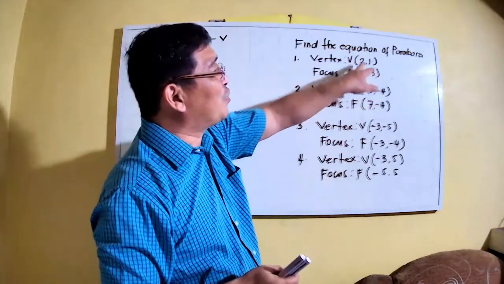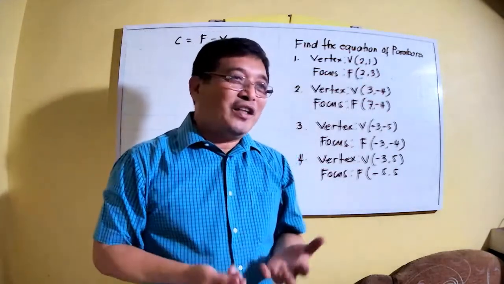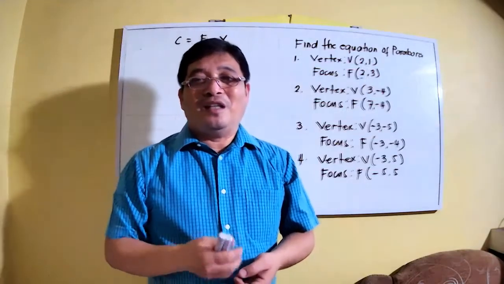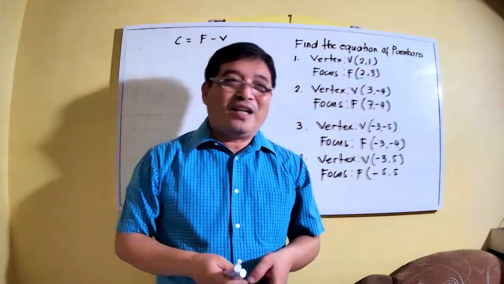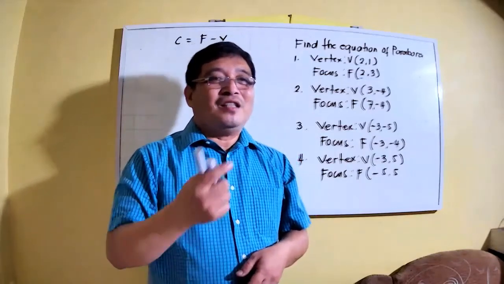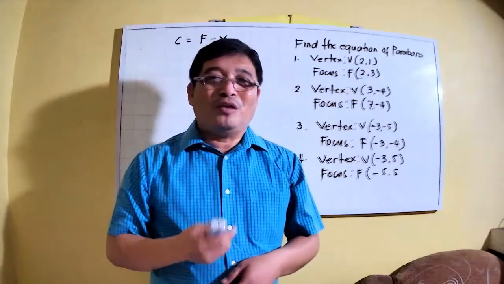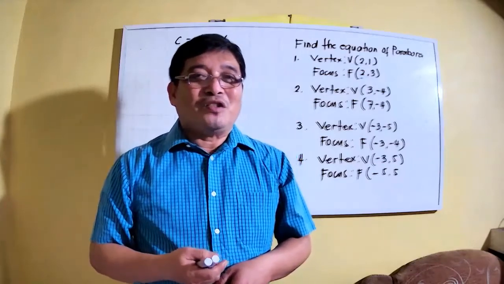Kasi nga, 2 minus 2 is equals to 0. Wala namang indication na sinabi that c is equals to 0. Diba, lagi nakalagay, if c is greater than 0, if c is less than 0. Hindi kasi na graph ng parabola yung makukuha mo in case na c is equals to 0.